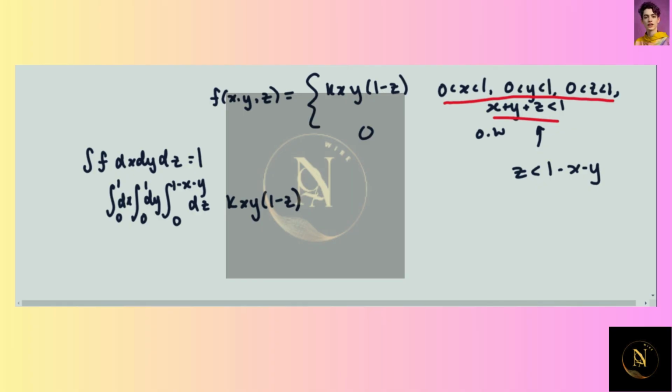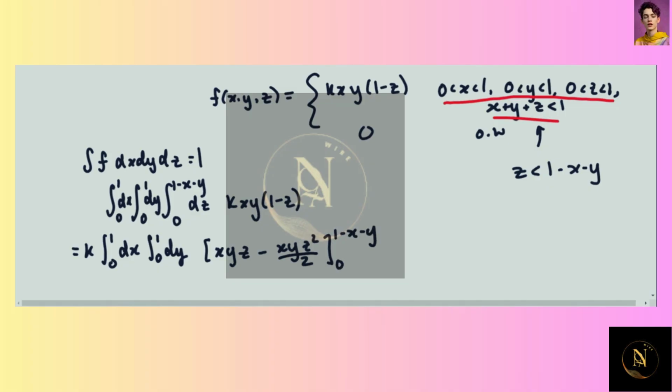Okay, so we'll take k out of the front, and we'll first do the z integral. With the z integral, xy integrated is just going to give us xyz, and then minus xyz integrated is going to give us xyz squared over 2, between 0 and 1 minus x minus y.